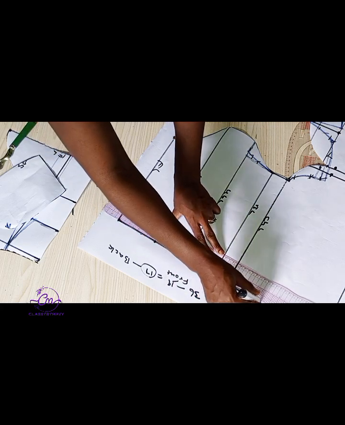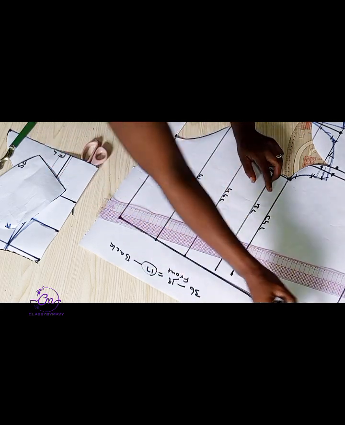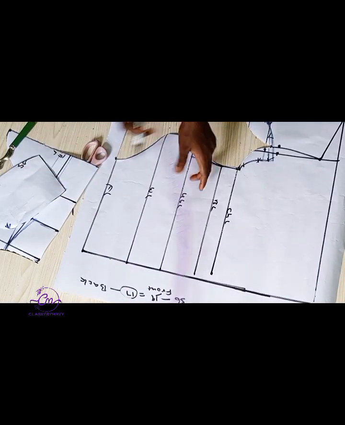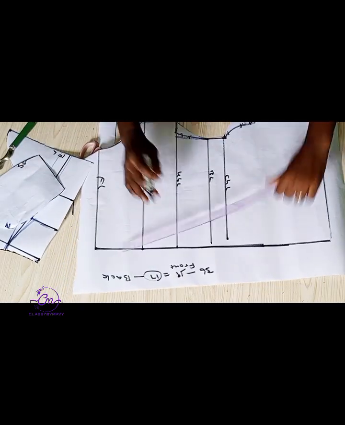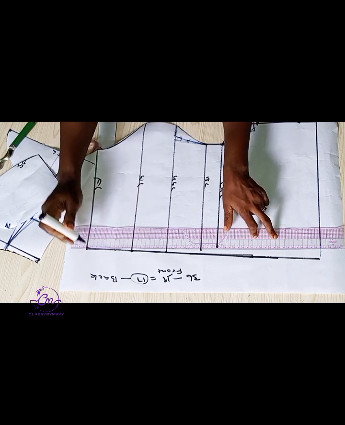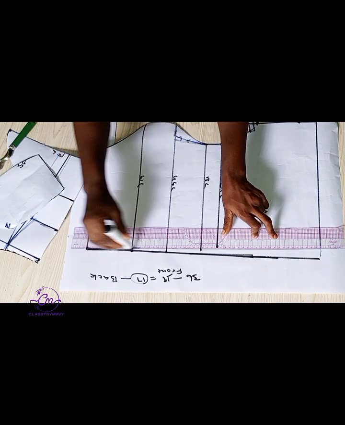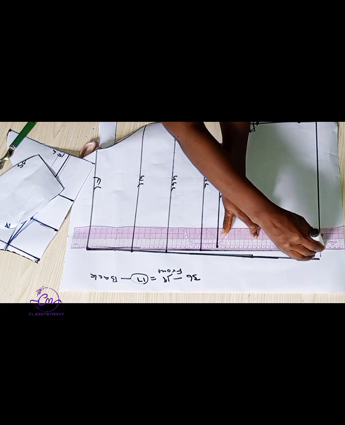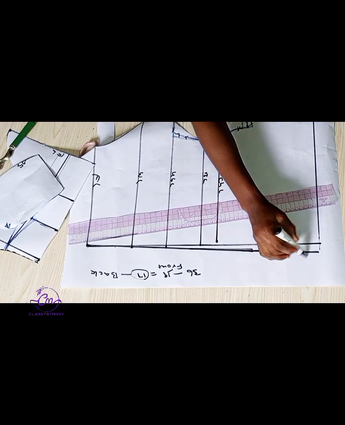You can decide to go ahead and create your normal neck depth, neck width, everything. Okay, I think I will do that. That line is not straight. Sorry, I have to redraw it. We need a straight line. Okay, so this is a straight line.